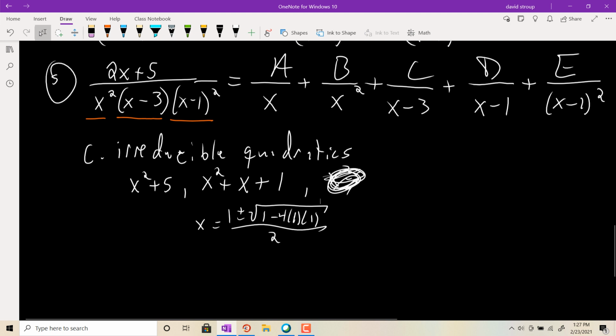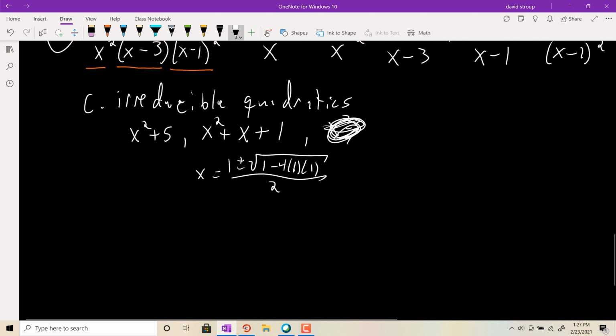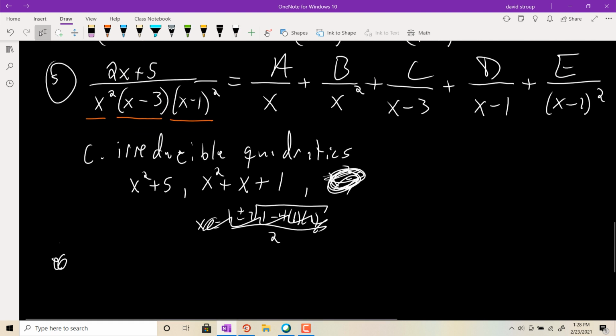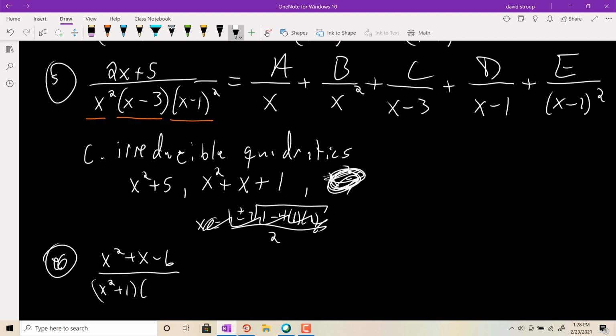Okay. So let's look at some examples of these. Just doing the setups. Let's see if I can find some. Forget what number I put myself on, number 6. And here we go, x squared plus x minus 6 all over x squared plus 1 times x minus 1.